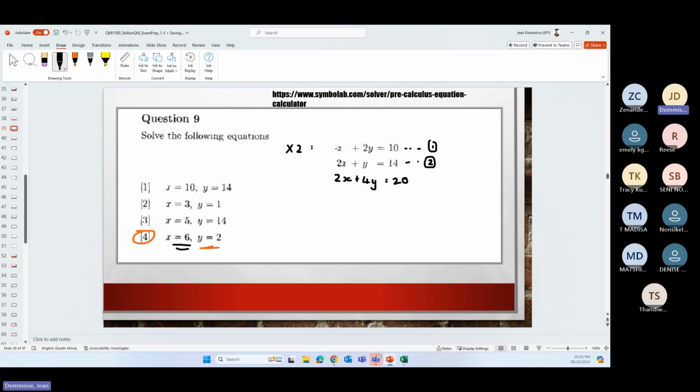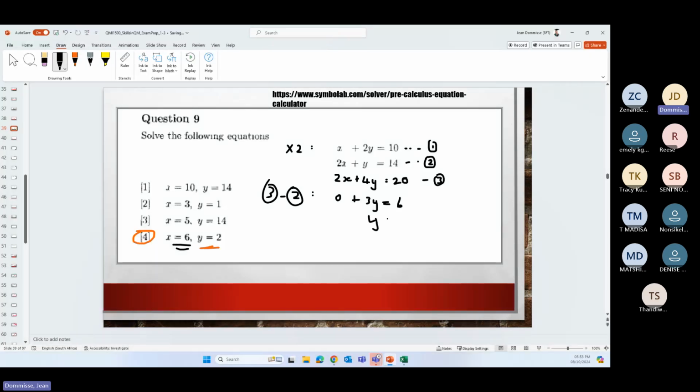And then I could have said, okay, I've done that. So this is formula 3. If I then say my formula 3 minus formula 2: 2x minus 2x is 0. 4y minus y is 3y. 20 minus 14 is 6.